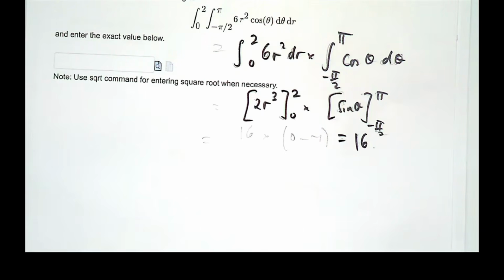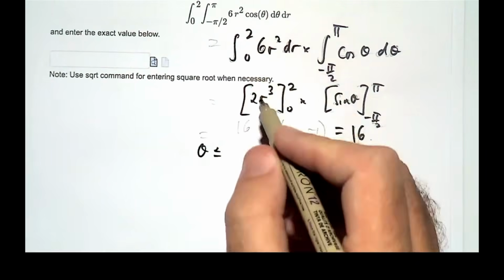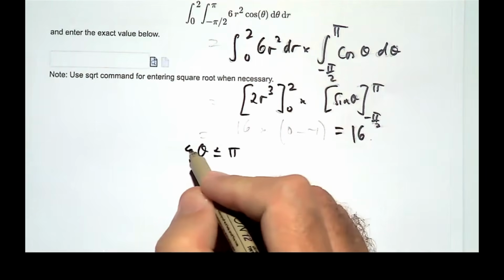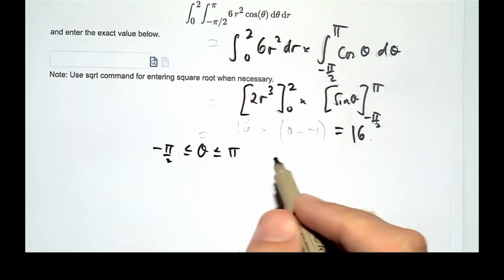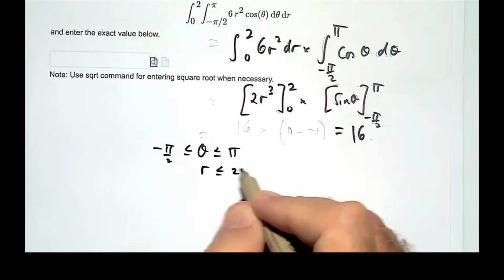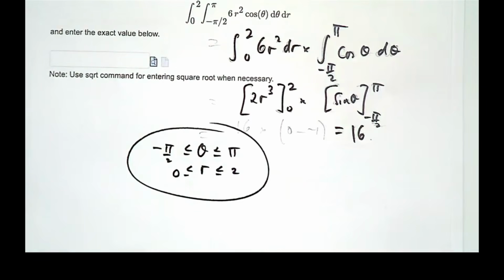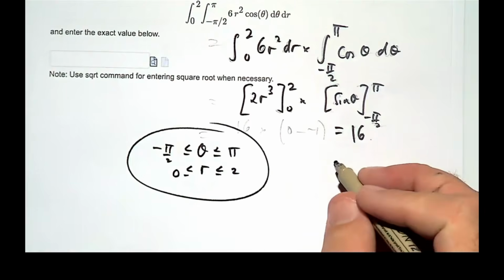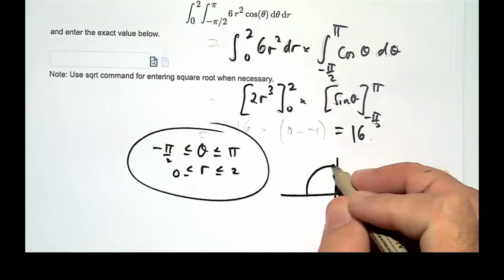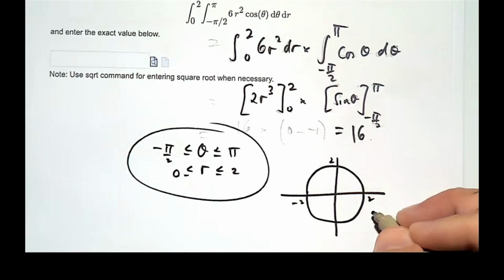What would a picture of this look like, if we were asked to draw it? Well, theta is between negative pi on 2 and pi, and r is between 0 and 2. So r between 0 and 2 gives us something like that.